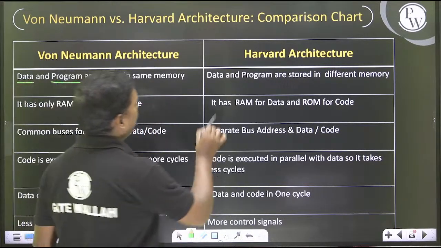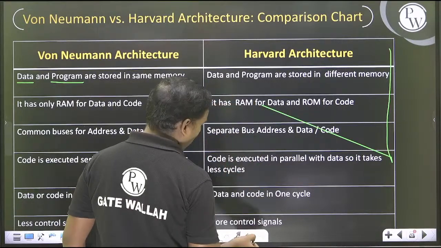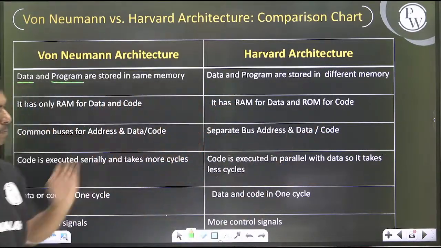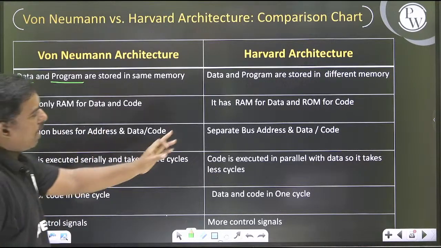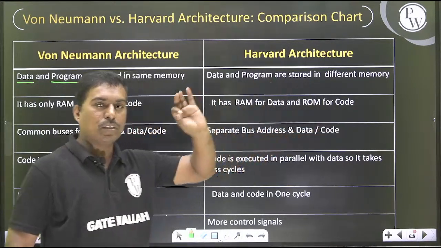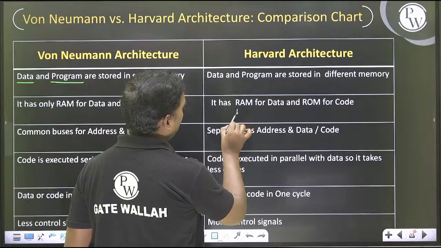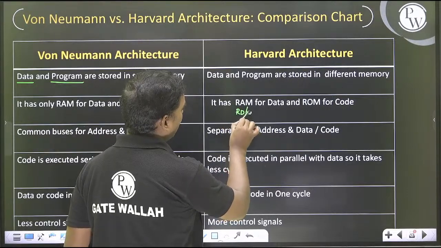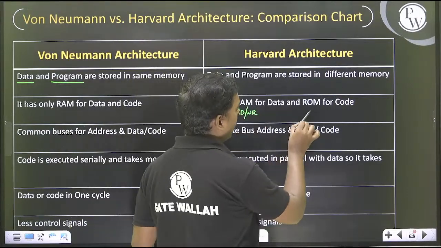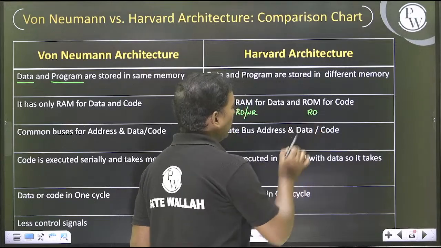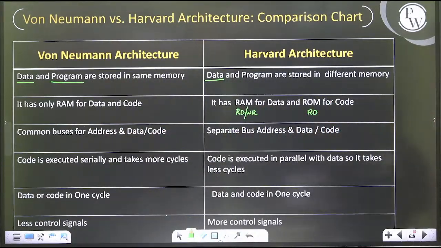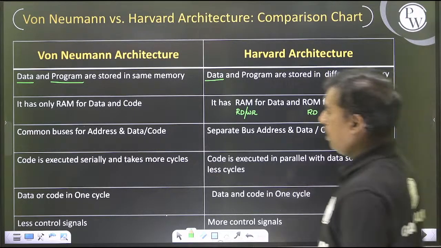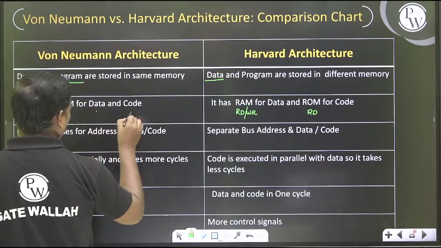In Harvard architecture, data and program are stored in different memories. Next, von Neumann has only RAM for data and code, while Harvard has RAM for data and ROM for code. You understood? RAM means we can perform both read and write, but on ROM we can only perform read. Why? Because it is code, so we cannot write anything into it; whatever code is written, we have to read it. So here data and code are together.